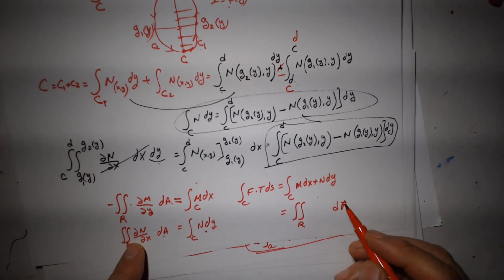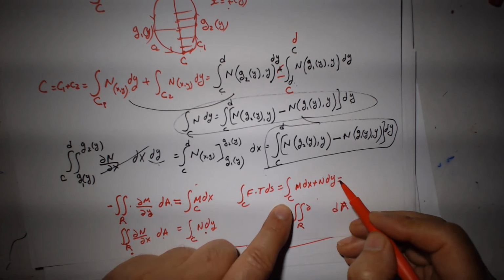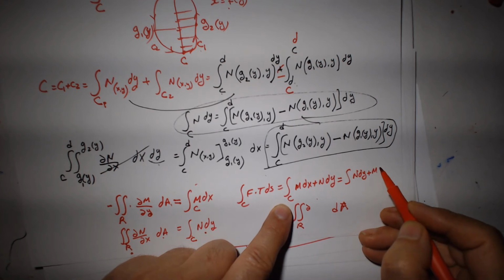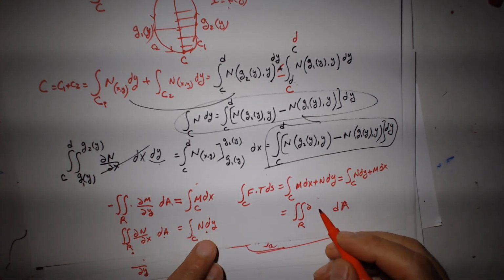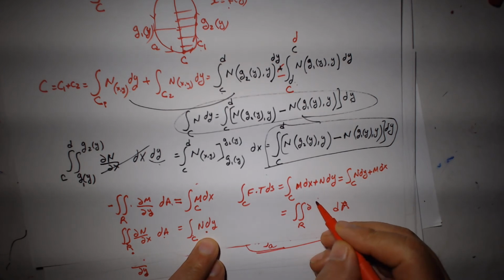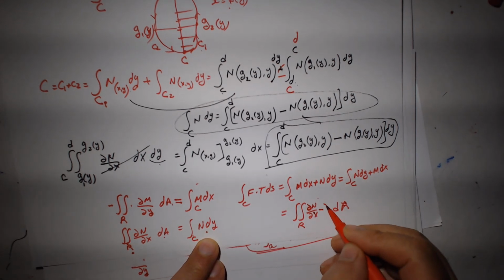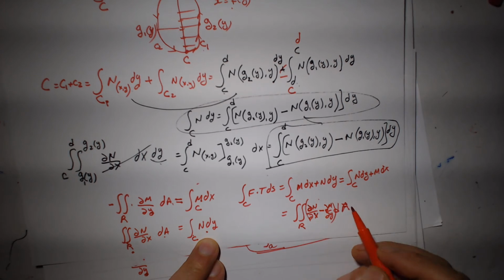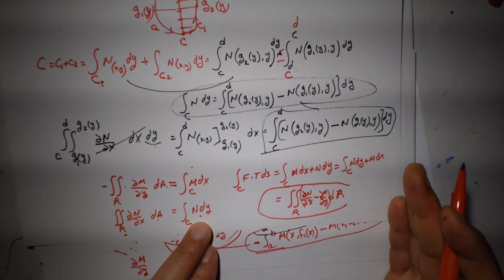I write the positive first, because addition is commutative. This can become N dy plus M dx. Therefore, I write the N first, which is the partial of N with respect to x minus the partial of M with respect to y. This is called Green's Theorem.